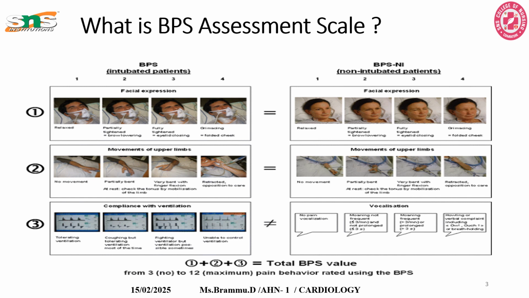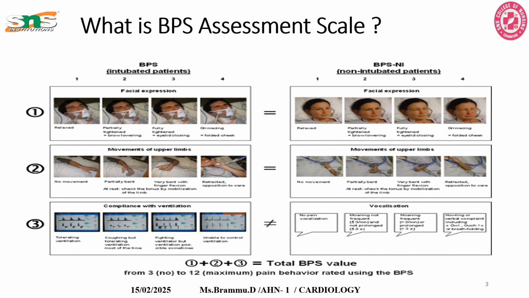And the last comes the compliance with ventilation, in case it is a mechanically ventilated or intubated patient. If the patient is tolerating the ventilation well, there is no troubleshooting, there is no non-compliance with the ventilation, then the patient will get a score of 1. In case the patient is coughing and somewhat tolerating the ventilation, then the patient gets a score of 2.